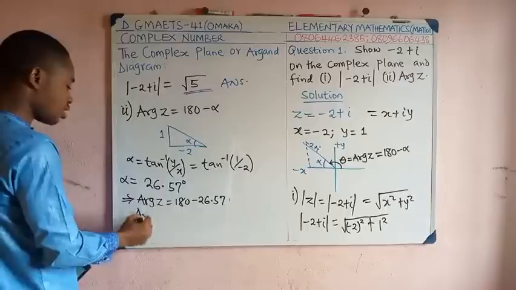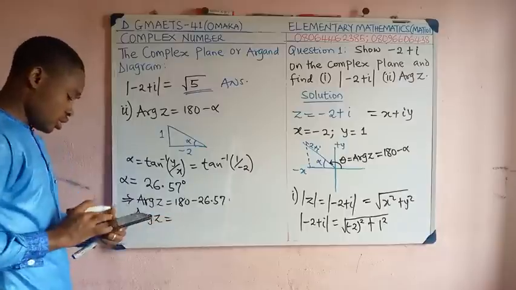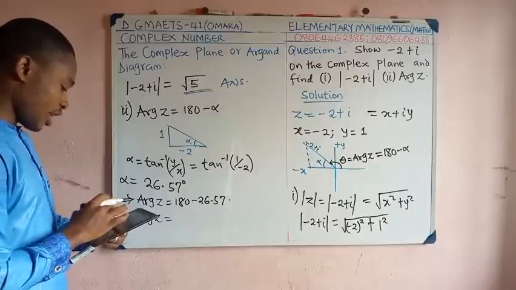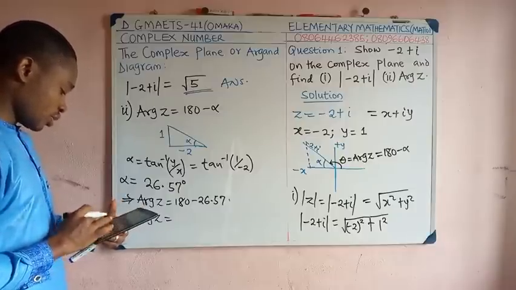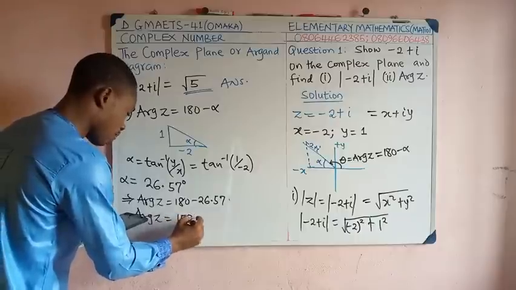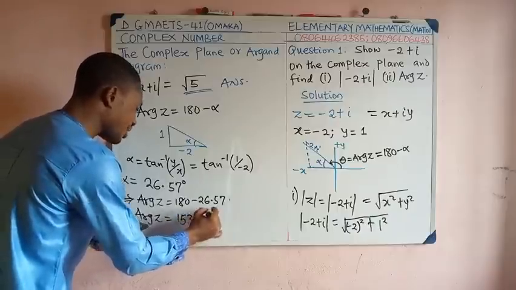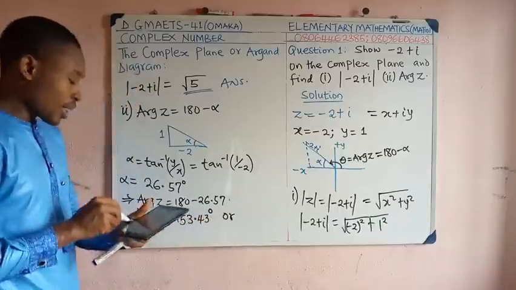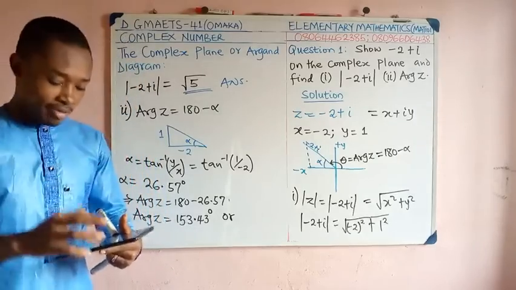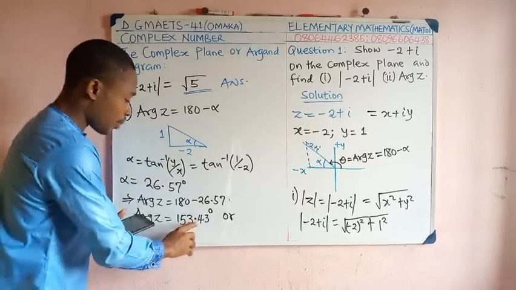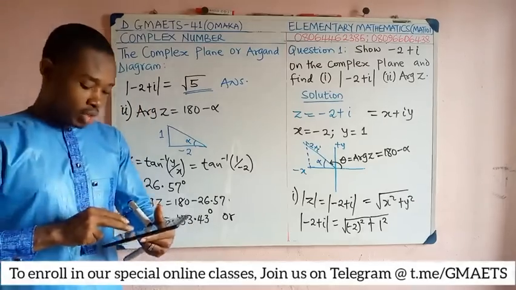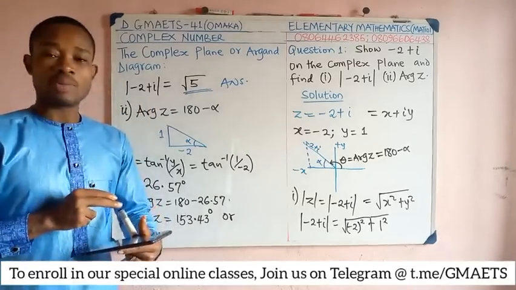Let's find out. The argument of z is now equal to 180 minus 26.57. So that's given me 153.43 degrees. Now I want to show you something. This 153.43 degrees can be converted to degrees and minutes. What do you do? Just pick 0.43. Multiply 0.43 by 60.